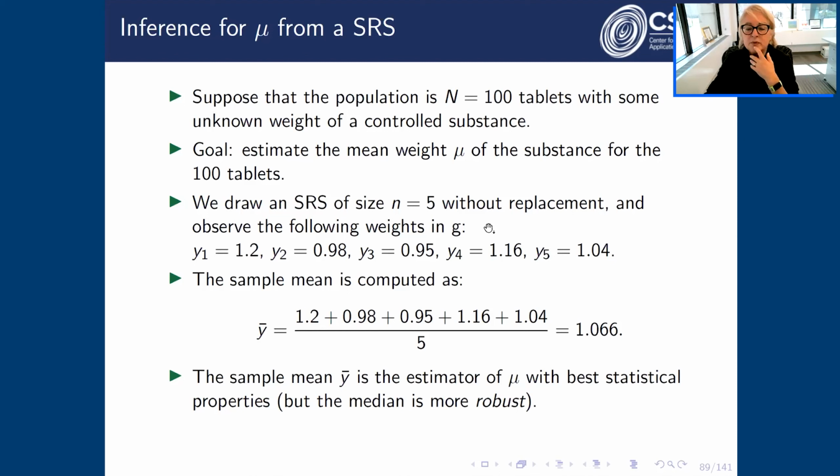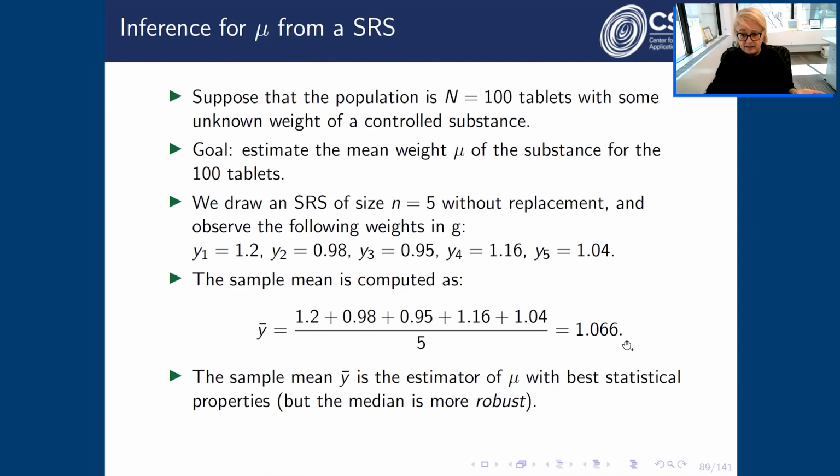Let's suppose we draw a simple random sample of size 5 without replacement, and I analyze those 5 tablets and get these values in grams: 1.2 grams for the first, 1.98, 0.95, 116, 104. The sample mean is computed in the usual way. We call this Y bar, and that's just the average of the 5 measurements.